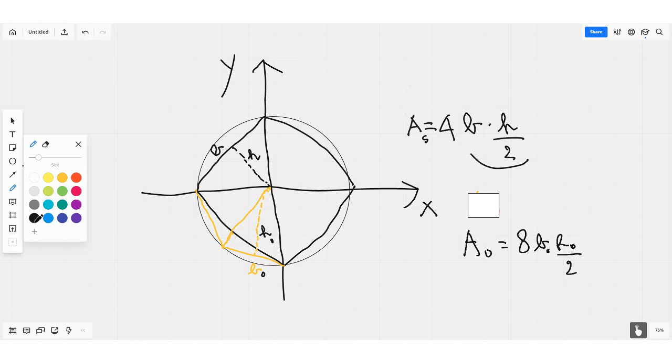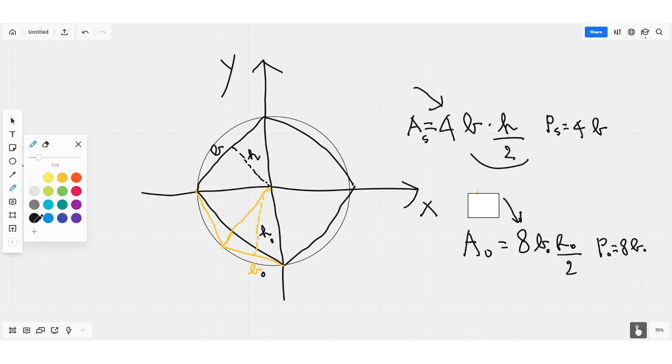So the square has 4 sides and we have 4 here. The octagon has 8 sides and we have 8 here. So another thing we can do is, what is the perimeter of the square? The perimeter of the square will be 4 times b, whereas the perimeter of the octagon will be 8 times b_o.